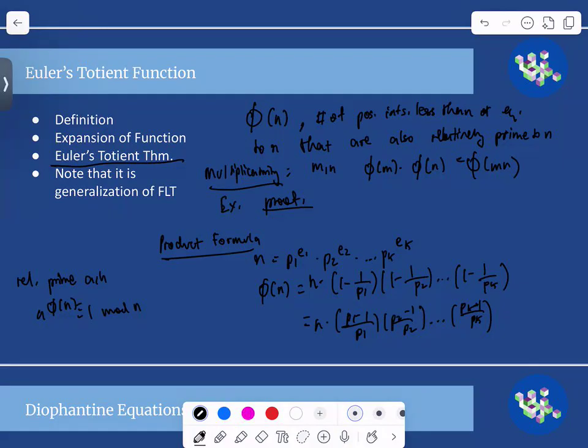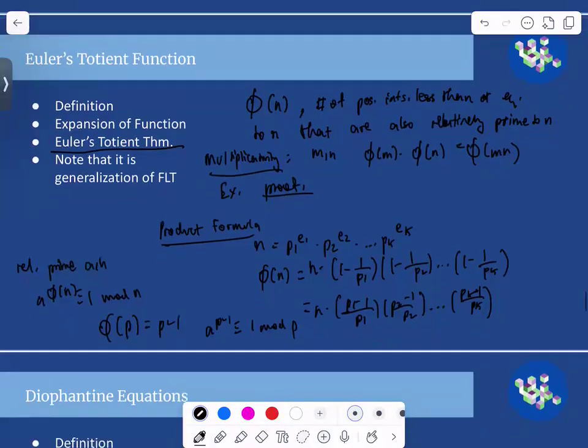If n is a prime p, then phi of p is just equal to p minus 1. And so that's how you get a to the p minus 1 is congruent to 1 mod p.